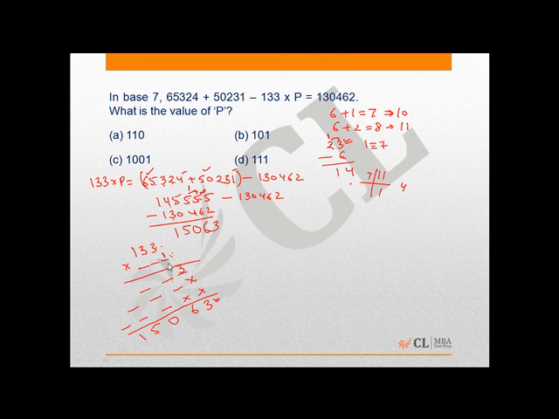Right? So now I have to multiply 1 by 133. You will get 1 into 1 is 3, 1 into 3 is 3, 1 into 1 is 1. So this is 133. Again, this 3 and this is 6. So this has to be 3 again. With the same logic, you can say this is also 1. So this is 3 and this is 1 again. Now this 3 plus 1 is 4, but this is 0.